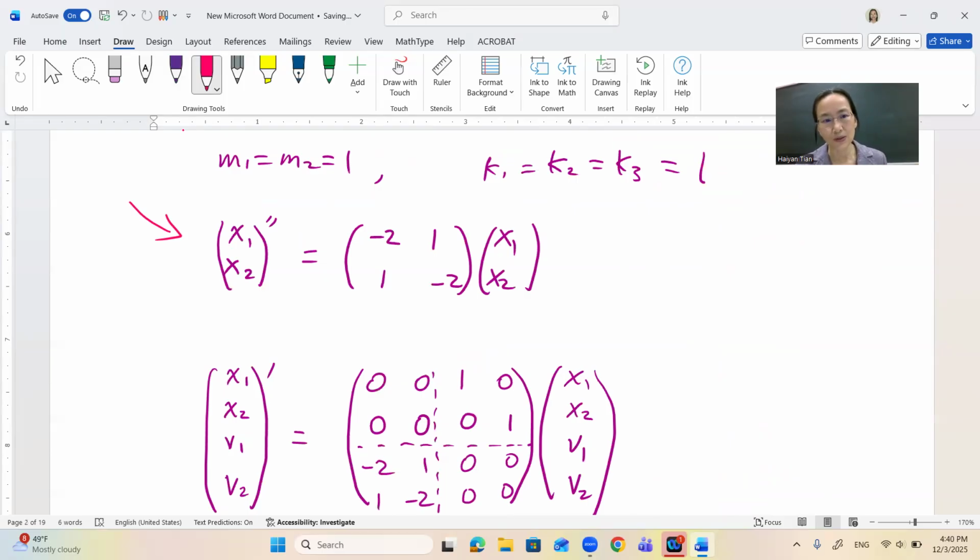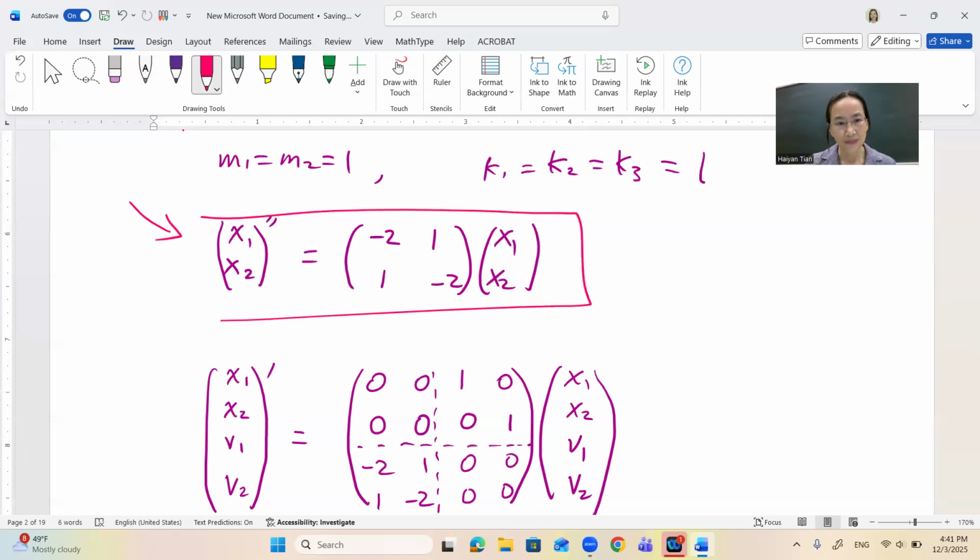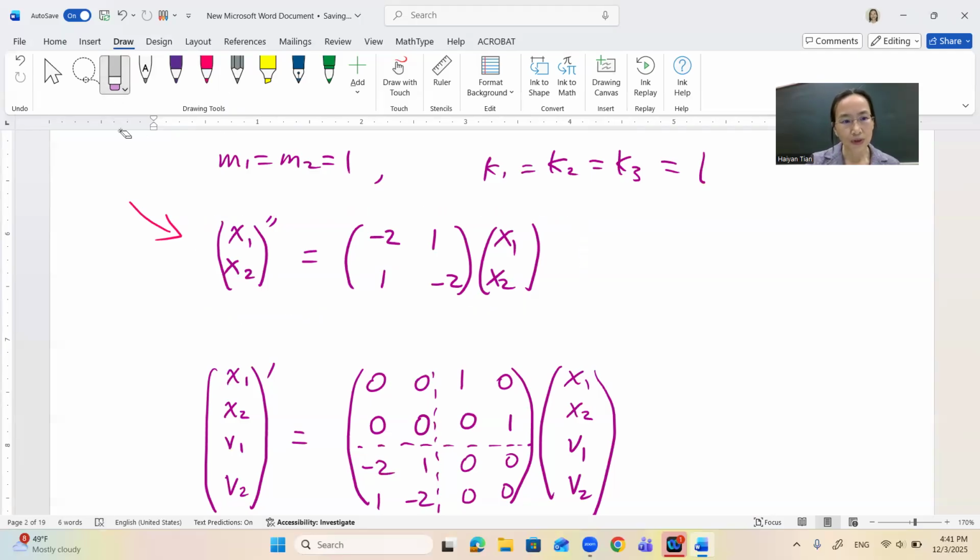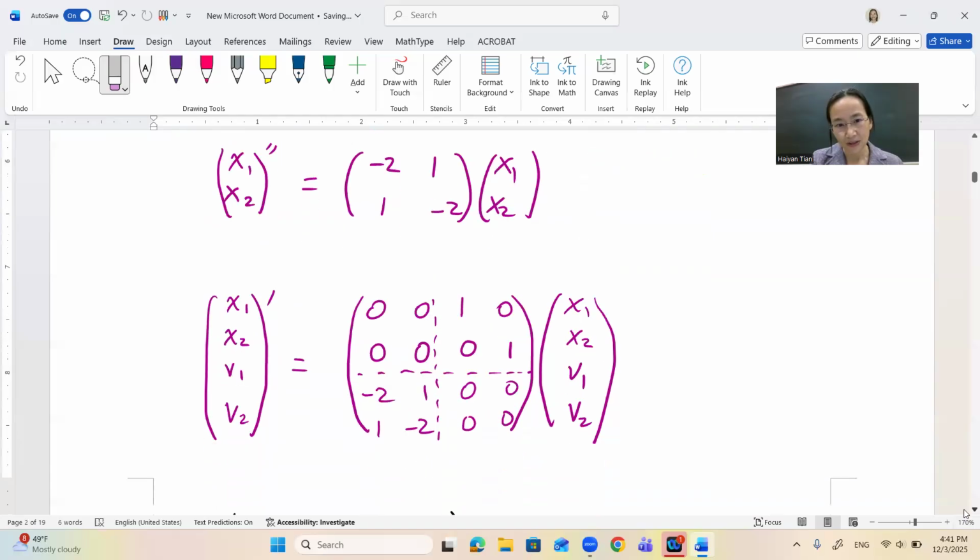They're both functions of t, so this is a vector x1, x2 that satisfies this second order equation. So now we want to reduce second order to first order. So by defining a velocity vector, we know that x derivative is equal to velocity.